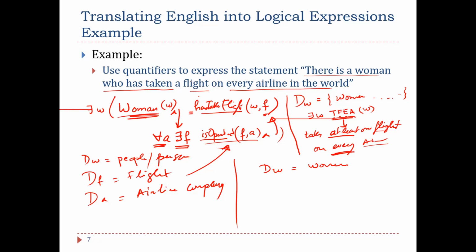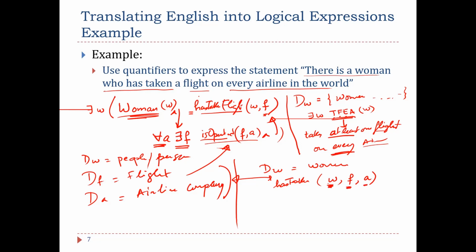Okay, so I still need to designate flights and airline companies, but I can use a smarter predicate called has taken, and it takes a variable W, a flight F, and an airline company A to say that that woman took a flight F on that airline company.